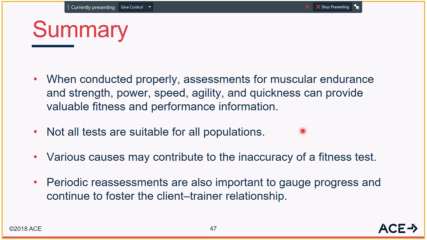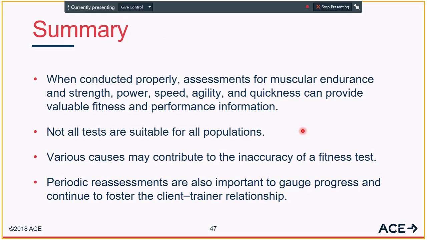So if you have someone who's deconditioned and injured and trying to lose weight, what would be the best test? The best test would be weight, body composition, those type of tests. If you have someone who is a veteran in fitness and they're trying to train for their half marathon, what test would be the best? The answer would be that 1.5 mile run. So those are the type of questions you'll be asked.